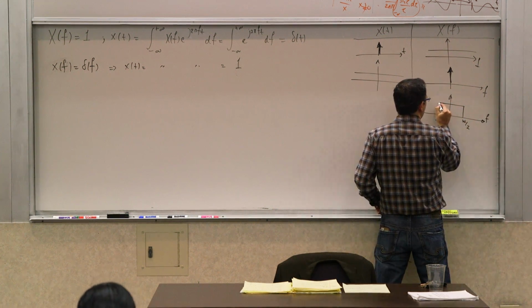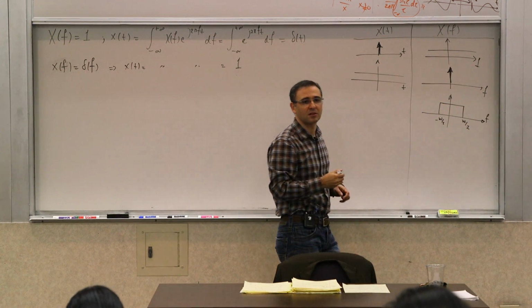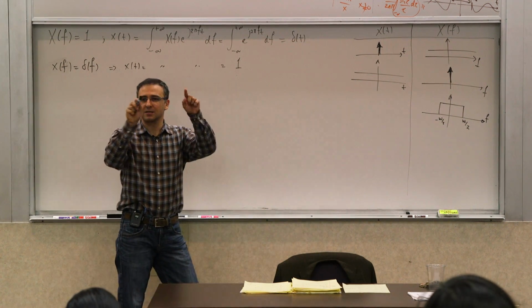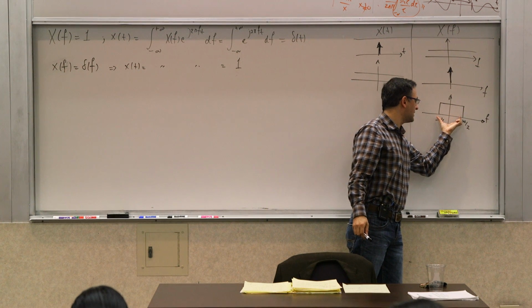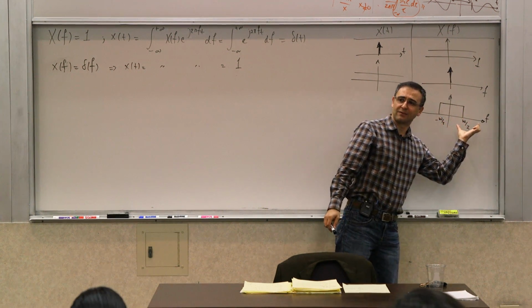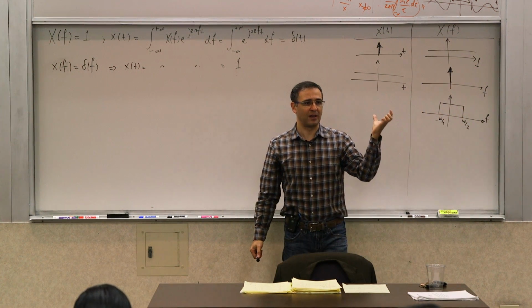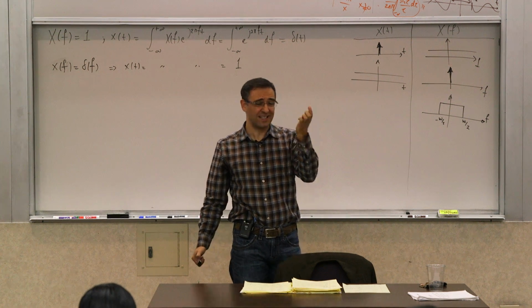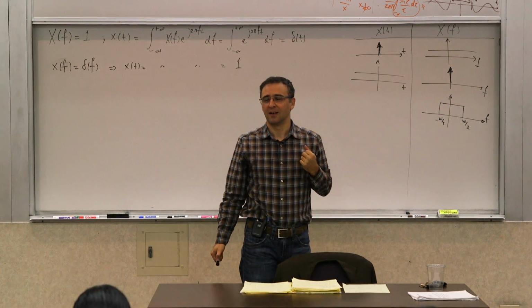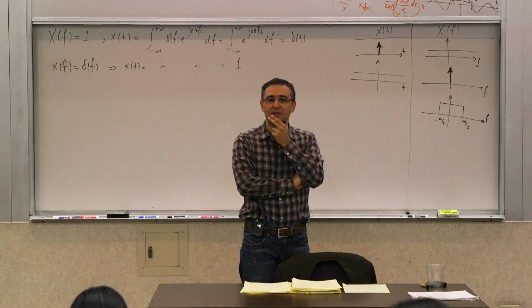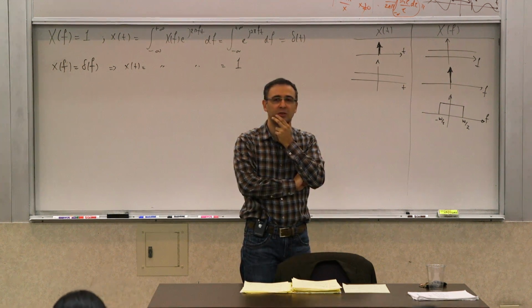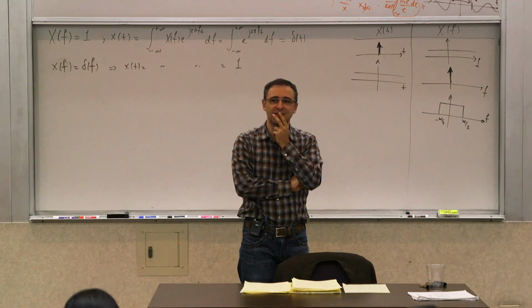So let's say we want something that has a spectrum that looks like a box. It means it has equal energy at all frequencies up to W over 2, and after that, it has no energy. The question is, what does that look like in time domain? Do you have any thought about what something that has that property looks like? Any guesses?